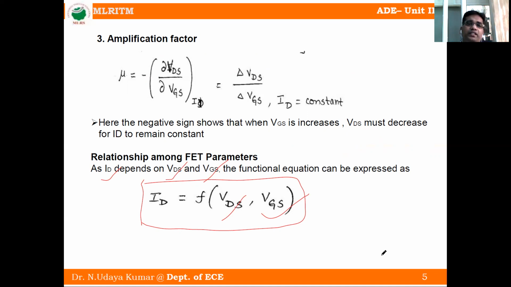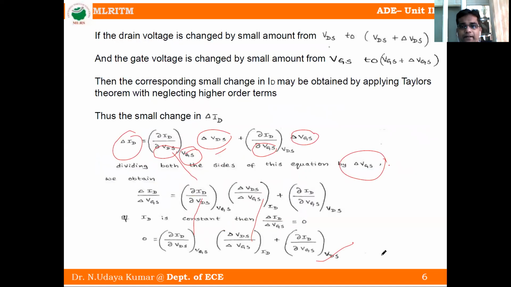And also we saw the relationship between FET parameters. That means drain current is a function of gate voltage and drain voltage. So ID is equal to a function of VDS, VGS.